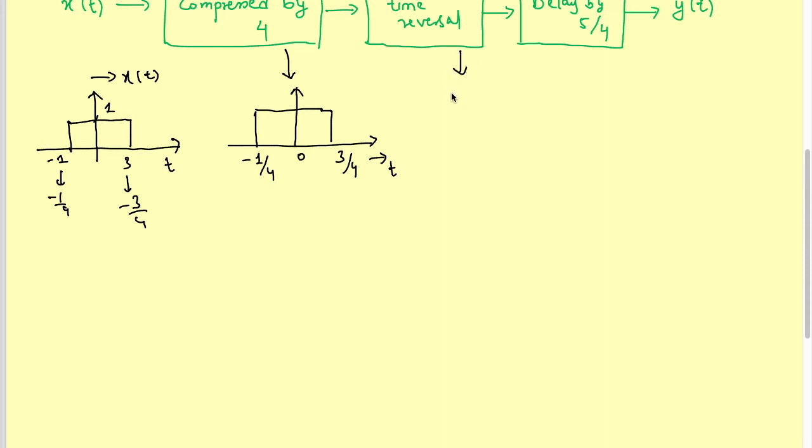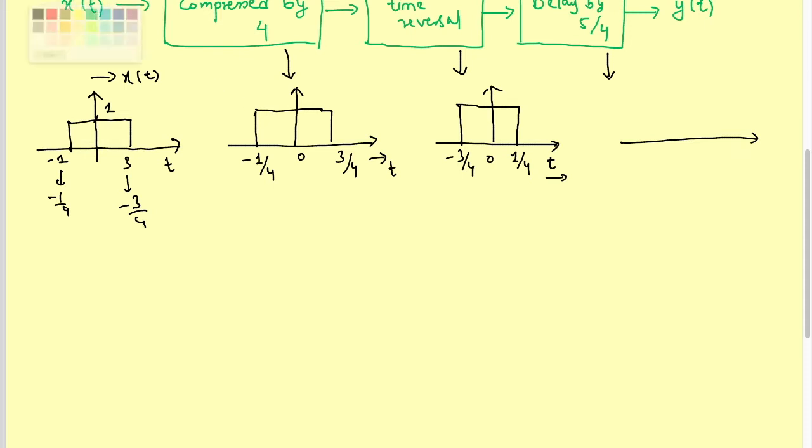Then I have to apply time reversal here, so it will look something like this: minus 3 by 4 and 1 by 4, and here it is t. Then I have to delay my signal by 5 by 4.